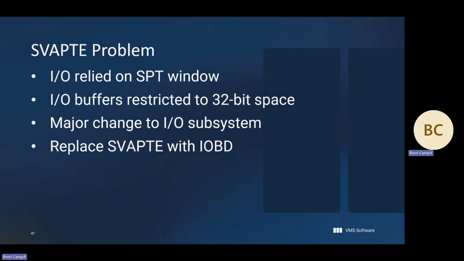Now we come back to the SVAPT problem. IO relied on the SPT window in order to allow 32-bit addresses in ERPs to reference page tables. So as a major change to the IO subsystem, we replace the SVAPT with an IO buffer descriptor.